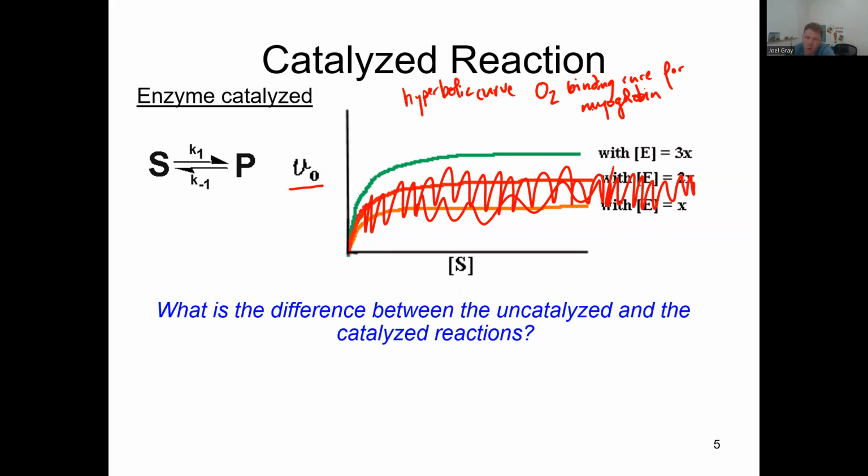And when we look at the O2 binding curve for myoglobin, if you remember, we had our y-axis, which was percent saturation. It was a measure from 0 to 100, from lowest possible saturation to highest possible saturation. The highest possible was 100%. So think about that the way that you think about velocity in which an enzyme is going to catalyze a reaction.